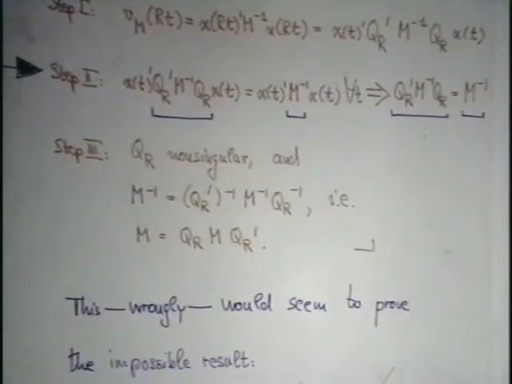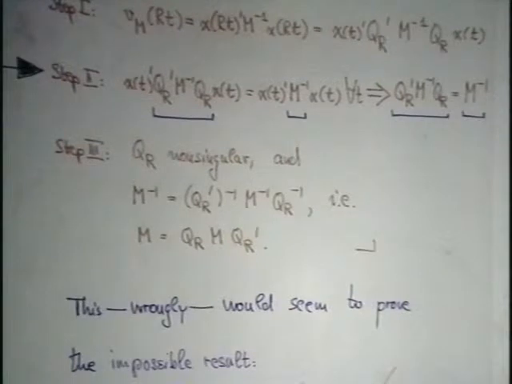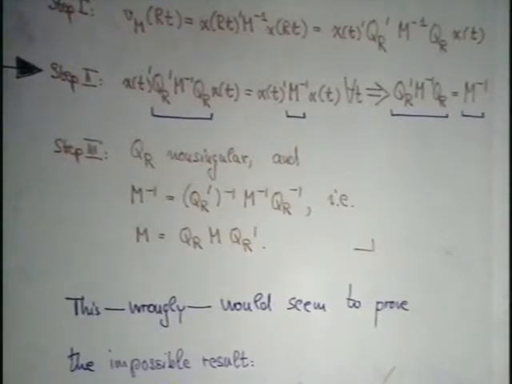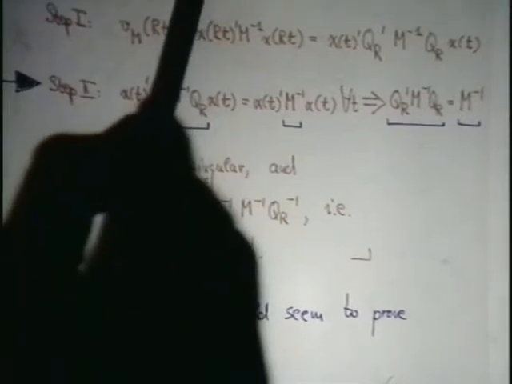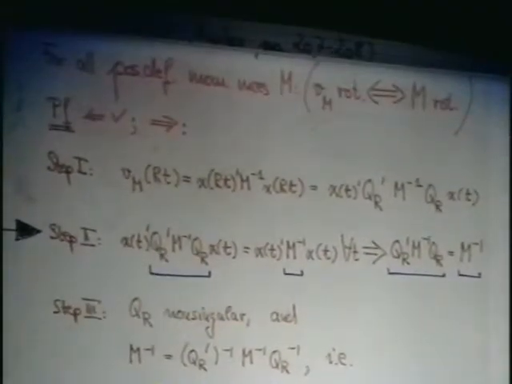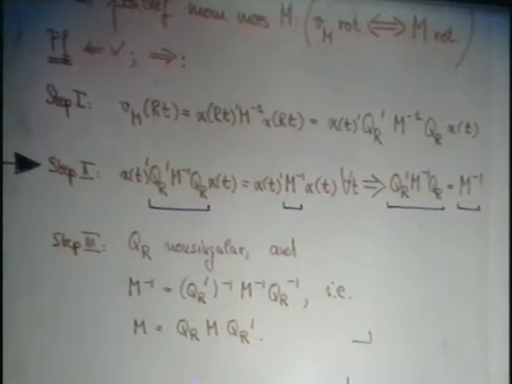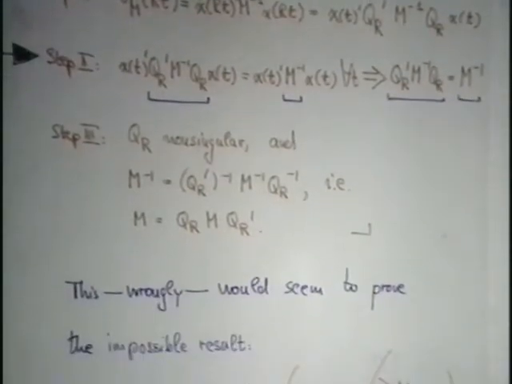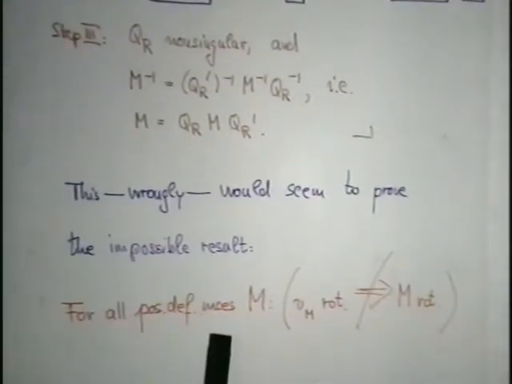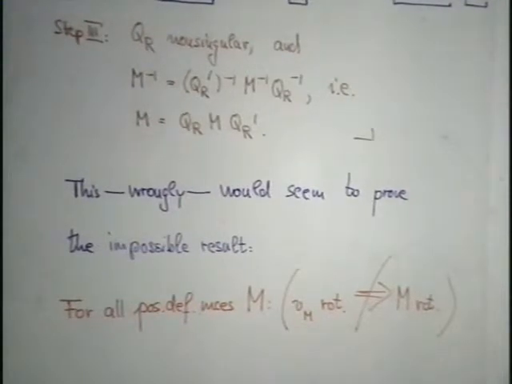But if this argument were correct, then we had actually proved a more general statement, because we have made no reference to the fact that we are looking at moment matrices. We would have this more general statement that for all positive definite matrices, whether they be moment matrices or not, we would have this inclusion, and that's not correct.